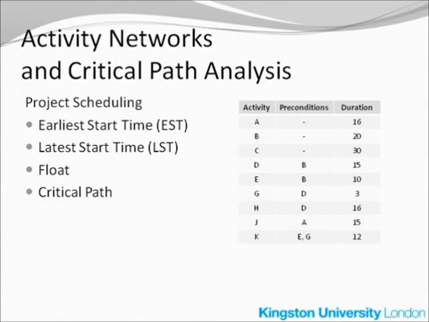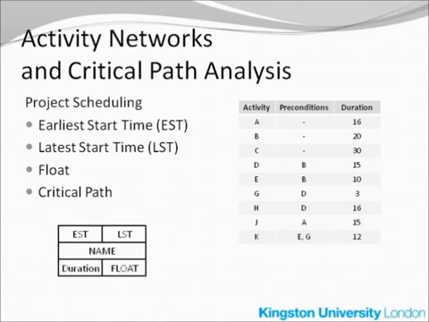One more piece of information that you can find in this table is the duration for each activity. This table will be used directly to create the activity network, in which every activity will be shown in a form of a node. This node is a bit complex. It looks like this.